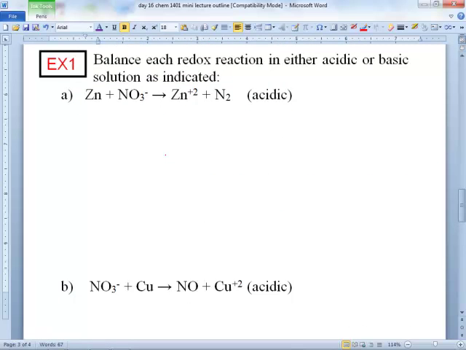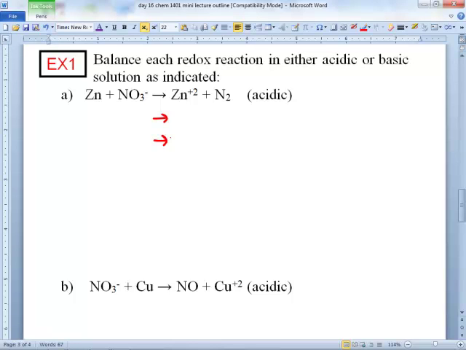So I put it on the overhead over here so I don't have to go back and forth. And you can also tear out your rules yourself. But split the unbalanced equation into 2 half reactions is the first thing we're supposed to do. So 2 half reactions. All that means is break it up into the reaction that's producing the electrons and the reaction that's reacting with the electrons.